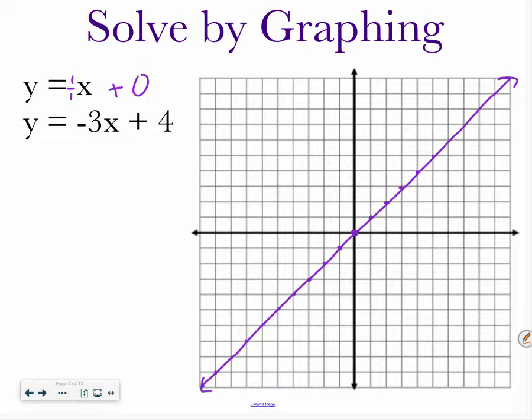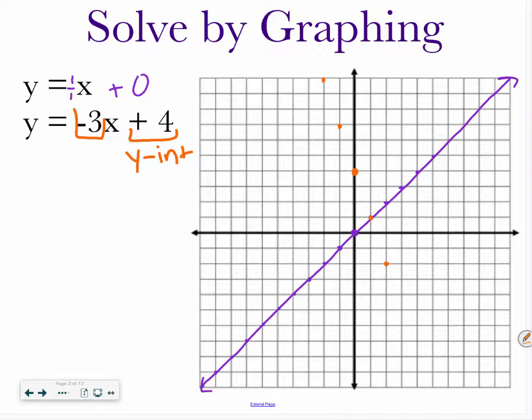Next, I want to graph y equals negative 3x plus 4. This is always going to be my y-intercept, so I look, where is y a positive 4? That would be right up here. And I have a slope of negative 3, so I can go down 3, right 1, down 3, right 1, or I can go up 3, left 1.